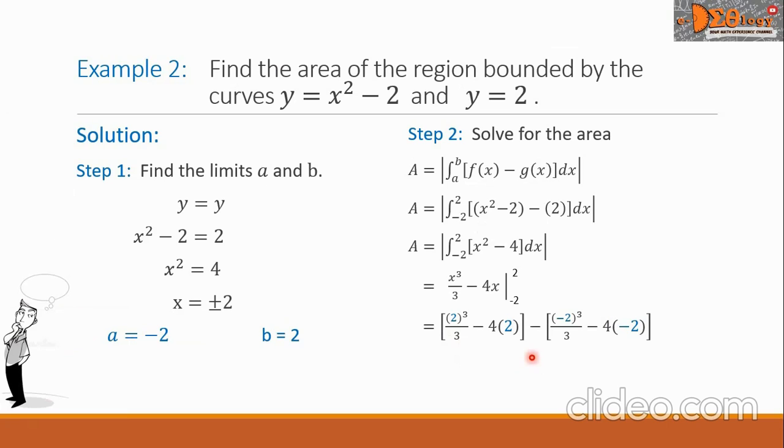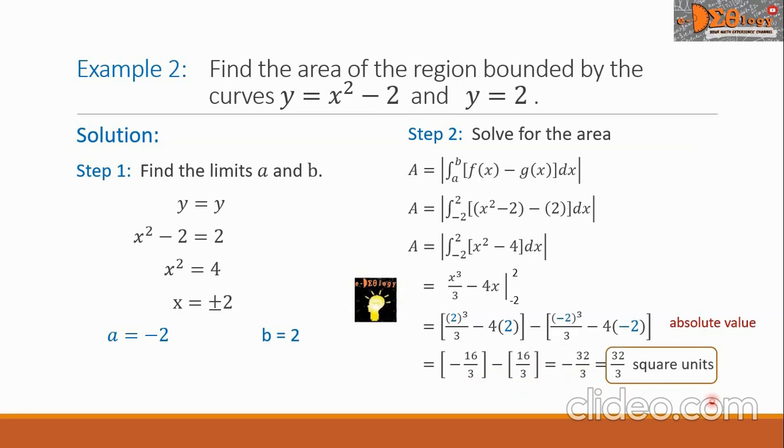Simplifying the groups respectively, the first group here will get negative 16 over 3 minus the second group will get 16 over 3. If we get the difference, we will have negative 32 over 3. Of course, we will take the absolute value. So the final answer is positive 32 over 3 square units. This is the final answer.